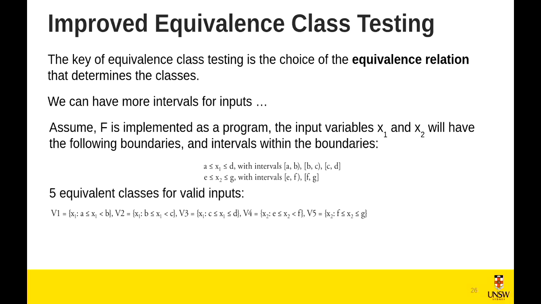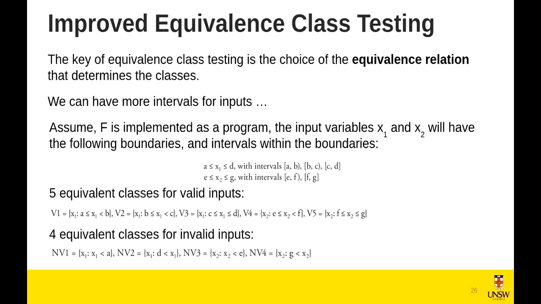So let's continue. From this assumption, we could have 5 equivalent classes for valid inputs. These 5 equivalent classes are based on the sub-intervals of both x1 and x2. For x1, we have 3 intervals. For x2, we have 2 intervals. And if we combine them together, that's all the equivalent classes we could have.